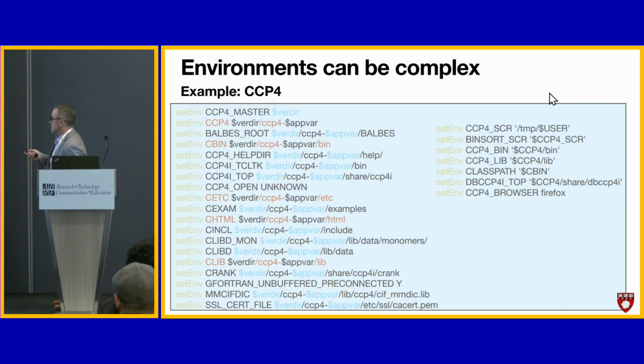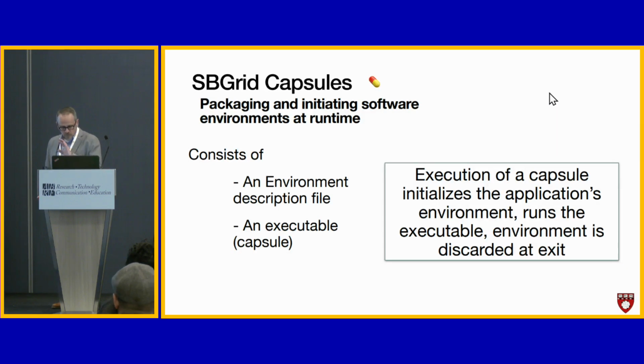So users have to manage all of this stuff for all of their software titles. They're often mutually exclusive, so you can't have one software title loaded while you have another software title loaded. So to make this simpler, we built a system called capsules, where we write up all of this environment into a description file, and then we generate an executable off of that file with the same name as what you'd want to call.